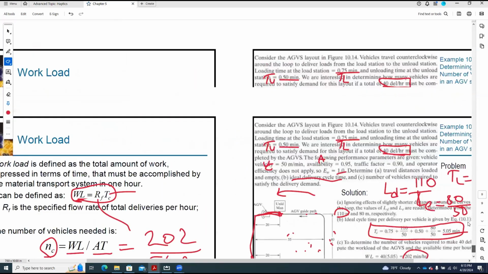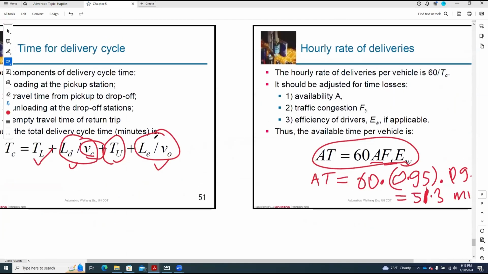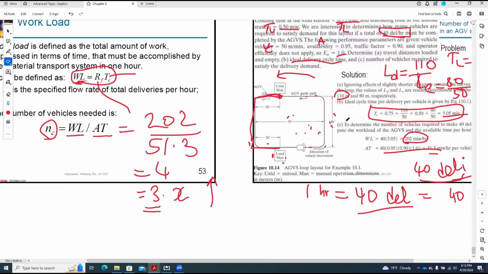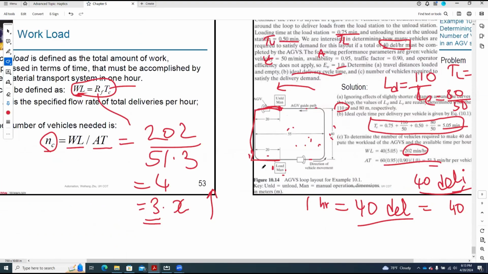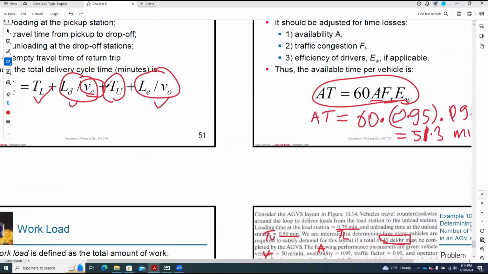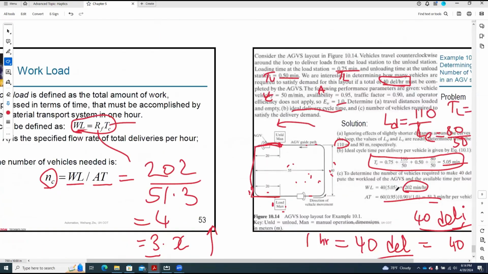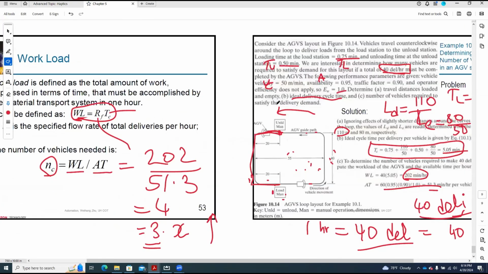This was very straightforward, where you could easily calculate each of these parameters just using the formula and putting in values. I hope it was not too difficult to understand.